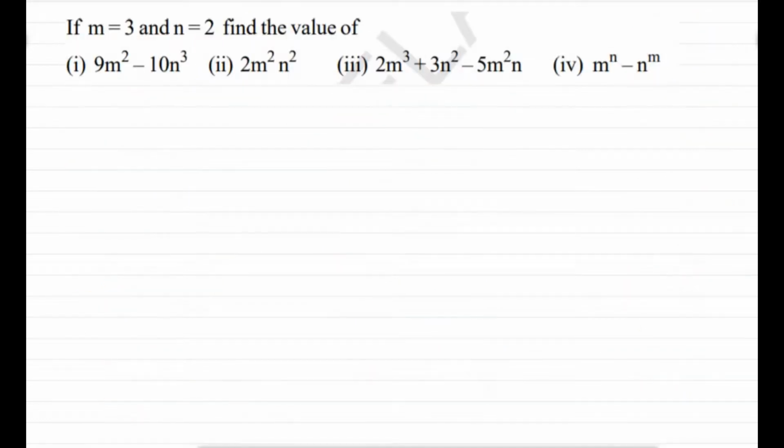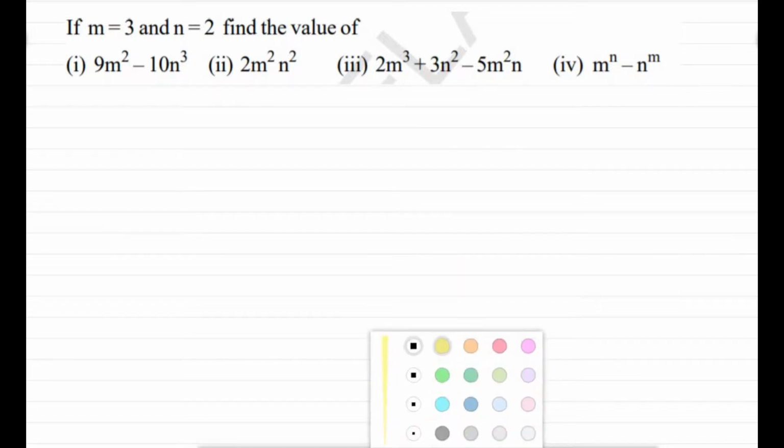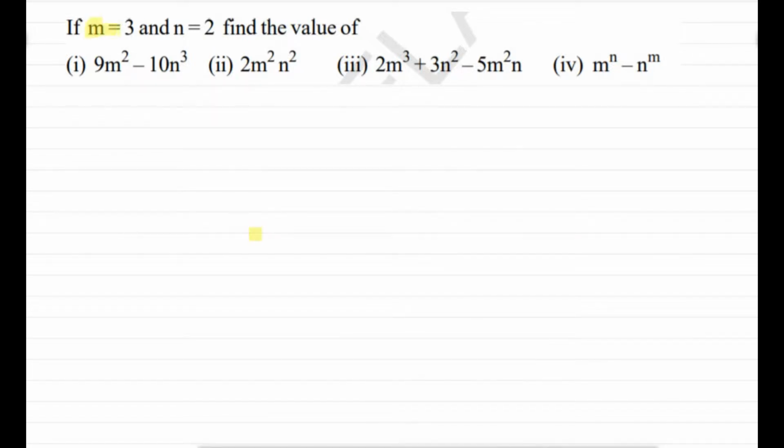See, the next type of problem he gave is: if m is equal to 3 and n is equal to 2, then find the value of 9m square minus 10n cube. So how to solve this problem? Let's see.